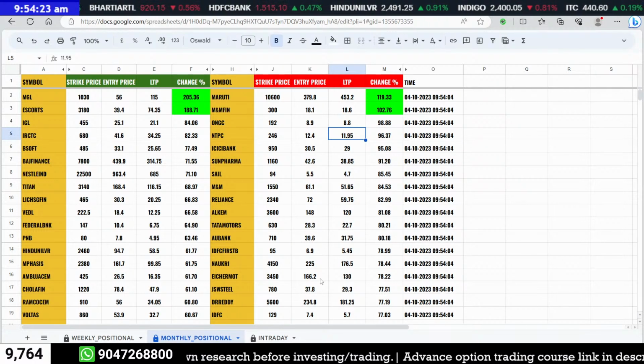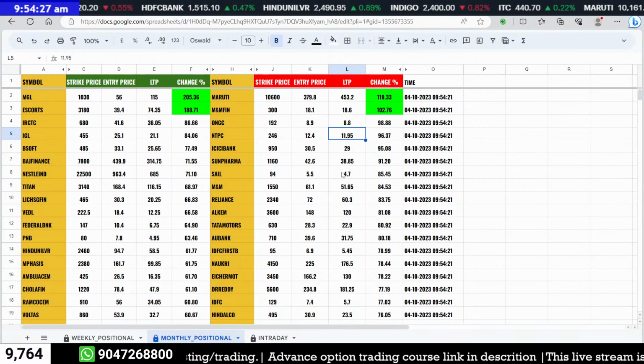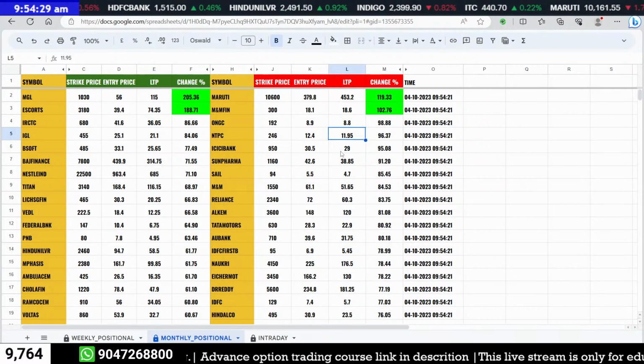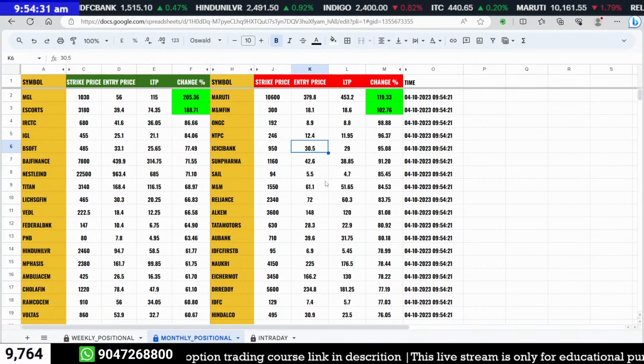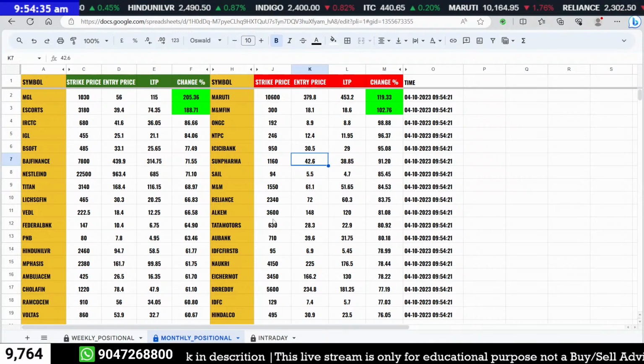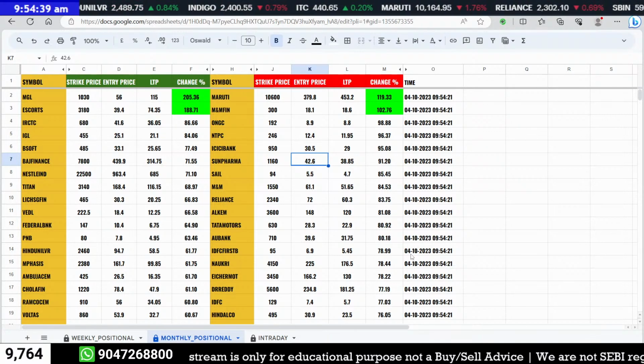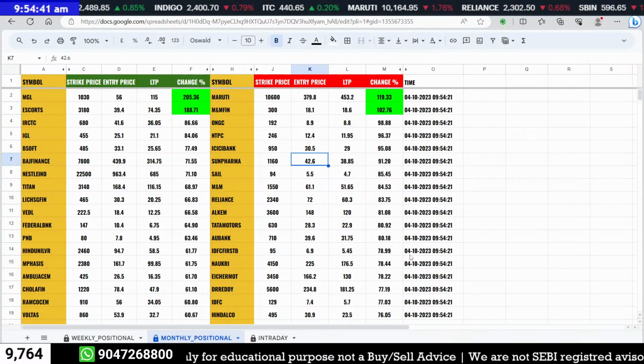It's a positional trade which you have with a strategy. So based on the strategy, I'm looking at ICICI Bank. It should be more than 30.5. And now Sun Pharma also came into the top. So 42.6. So only above that level am I planning a positional trade. But right now it is trading lower.